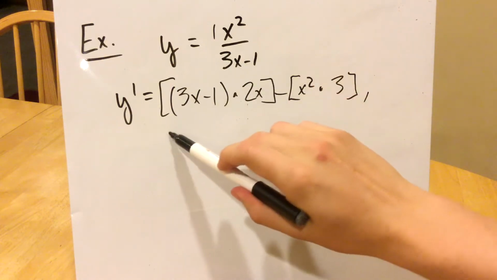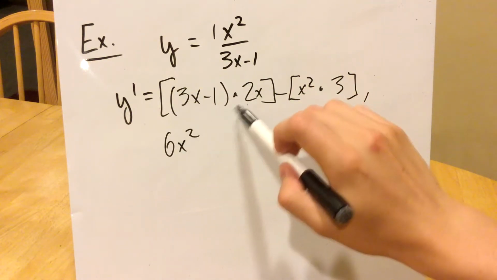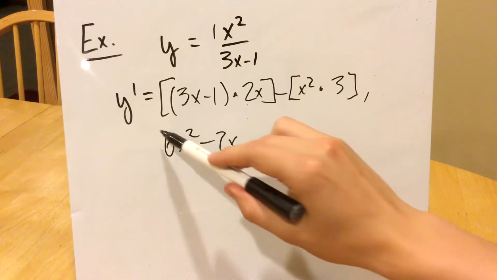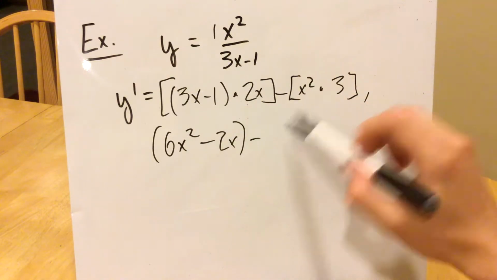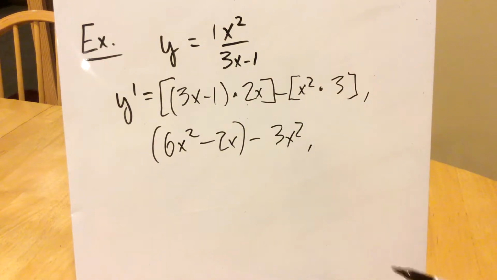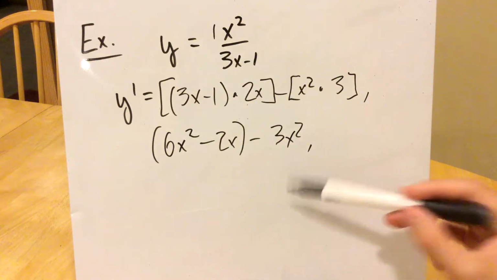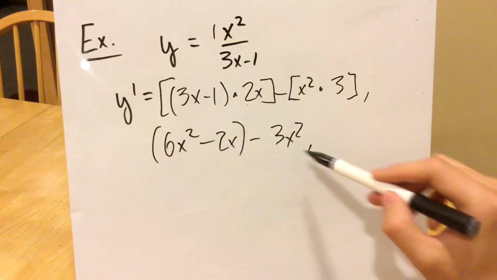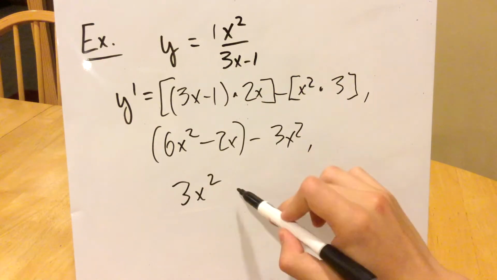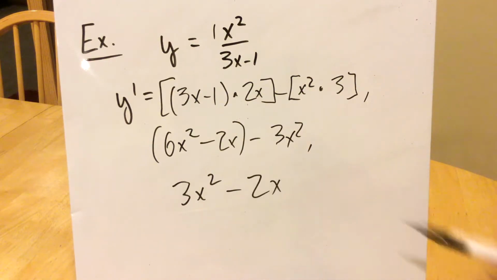We have 6x squared minus 2x, and then minus 3x squared. We can further simplify by subtracting, so we get 3x squared minus 2x, and this is our final answer.